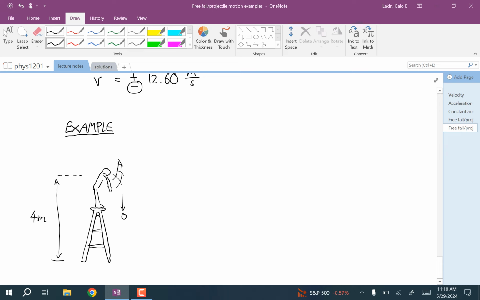So this ball is thrown downwards, straight down, from a height of 4 meters.